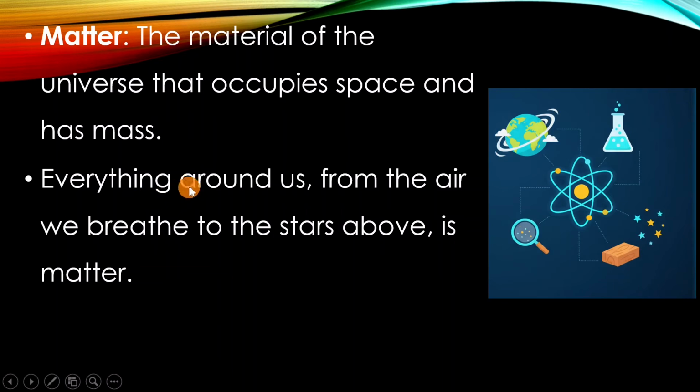We mean that everything around us, from the air we breathe to the stars above us, is matter. Everything that you can think of that is tangible is matter. So we have different kinds of matter.